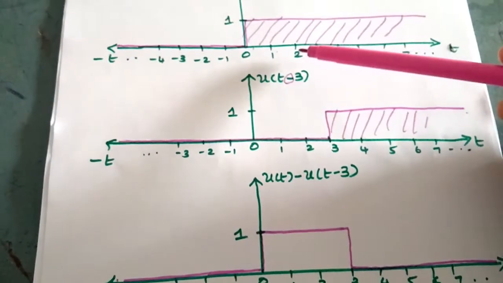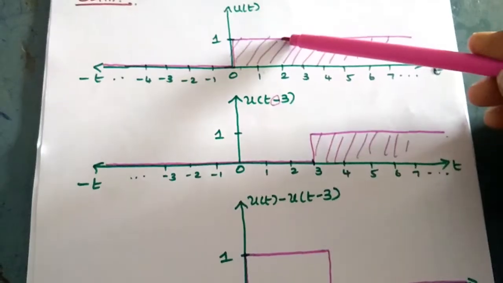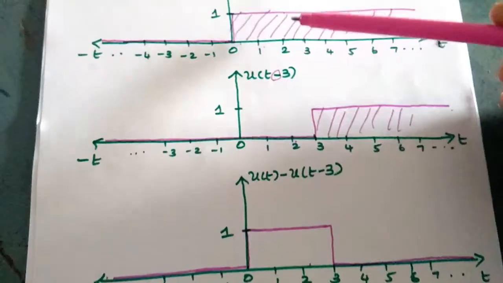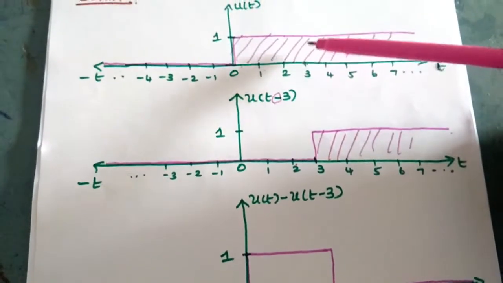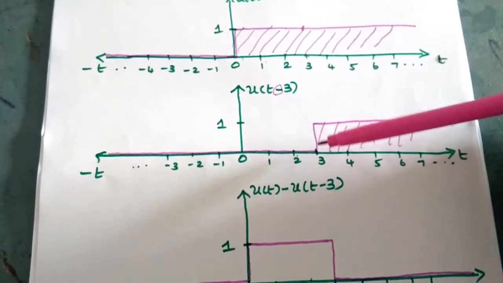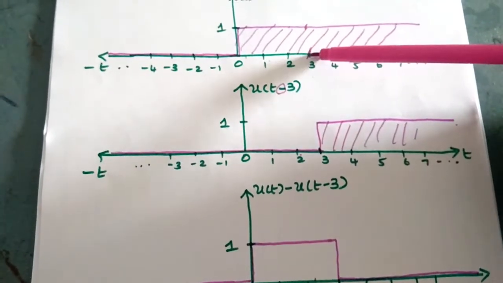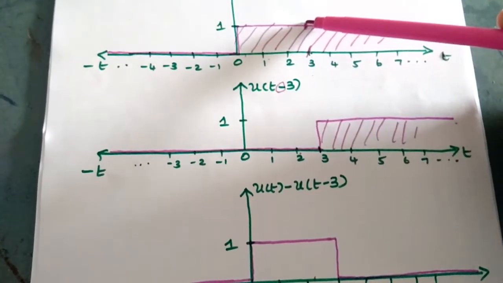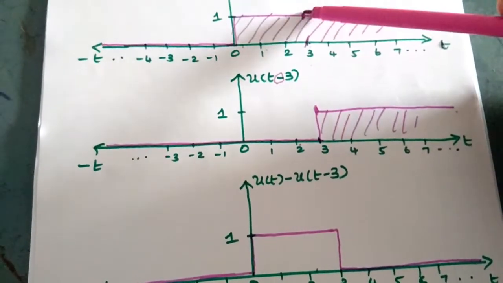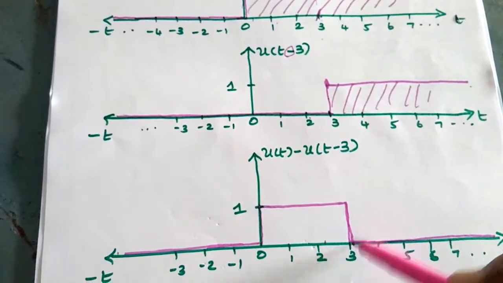Next, time t equal to 2. Here in u of t, its value is 1, so 1 minus 0 is equal to 1. At time t equal to 3, u of t has the value 1, and u of t minus 3 is also having the value 1. 1 minus 1, its value becomes 0.